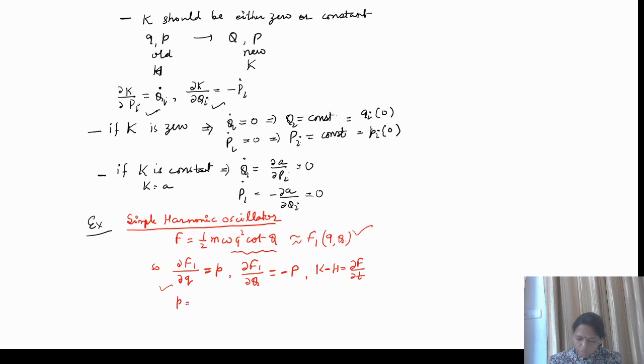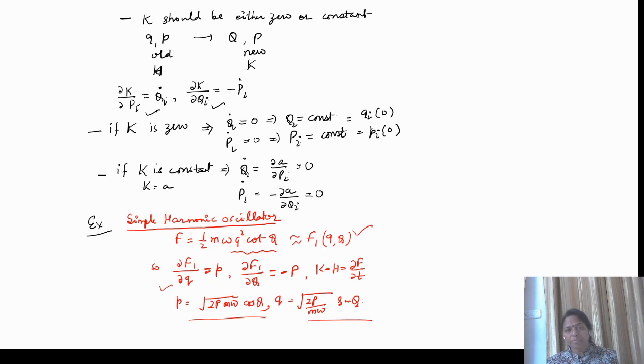I'll get small p is equal to twice P m omega cos Q, and small q is equal to twice P upon m omega sin capital Q. So you see that with the help of the equations regarding F1, I get the transformation equations. Okay.